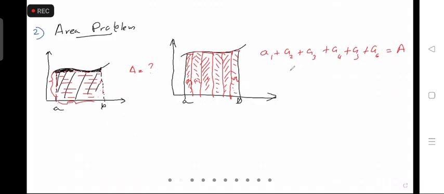Is this a good approximation for the area under this curve, what we are expected to find?